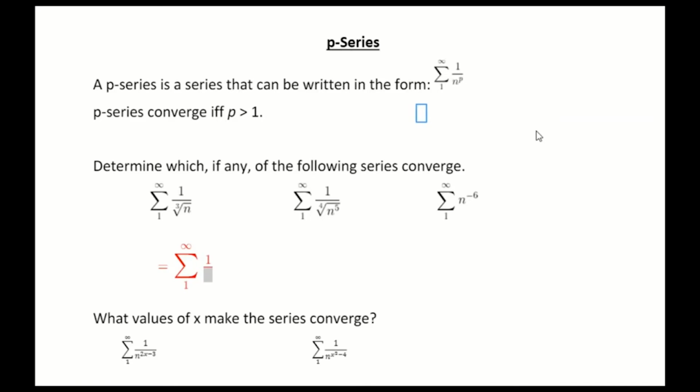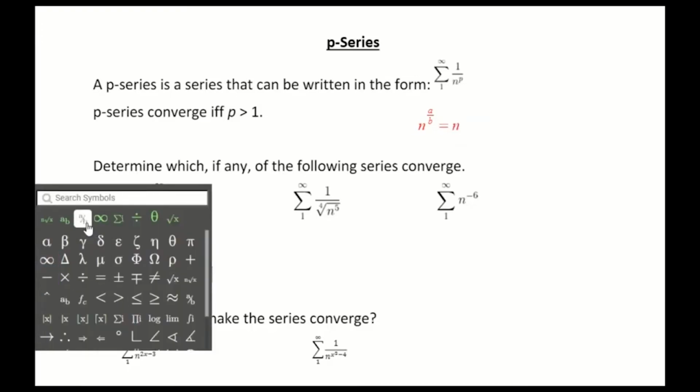But there is an exponent rule that says if you've got n to some fractional power, like let's say n to the power of a over b, that's equivalent to saying the bth root of n to the a power.